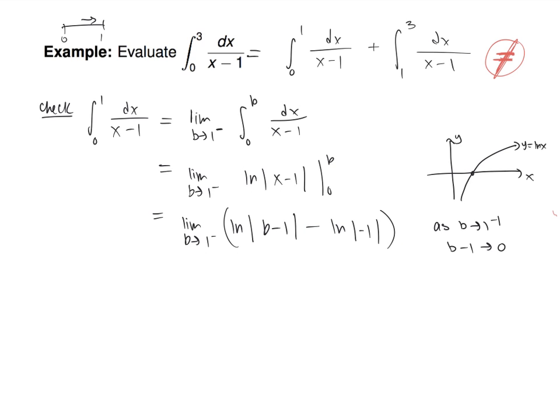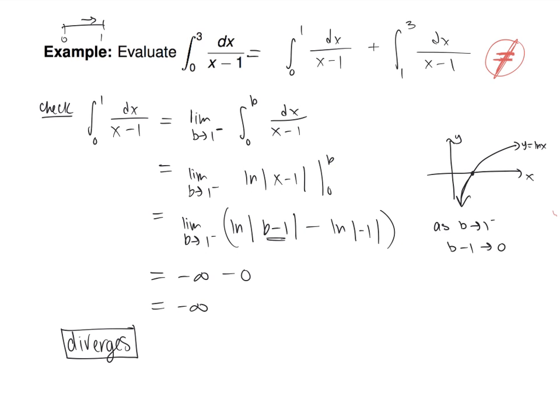I should take that extra minus 1 off, sorry. Okay. And so what happens to natural log when you plug in things that are close to 0? It goes to negative infinity. So that's negative infinity minus 0, or negative infinity. Diverges. Yep.